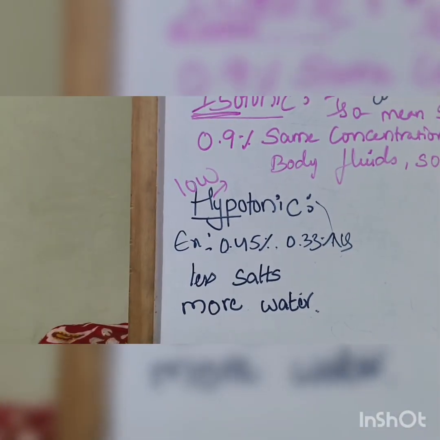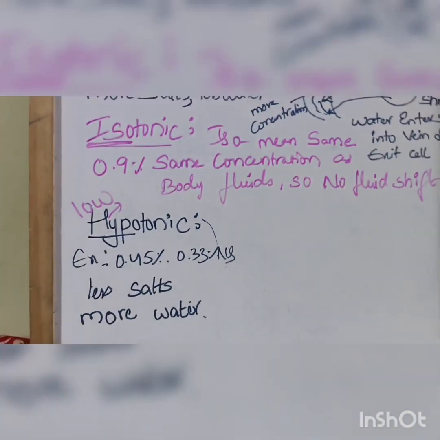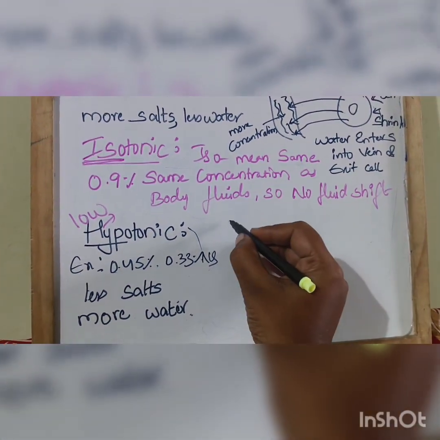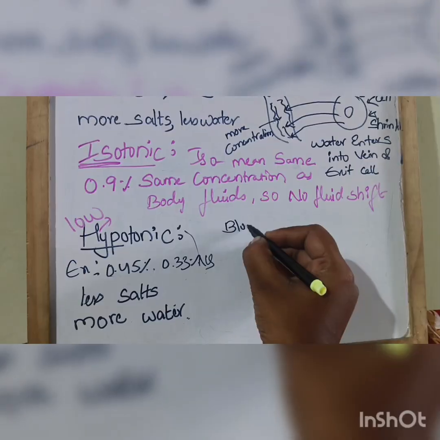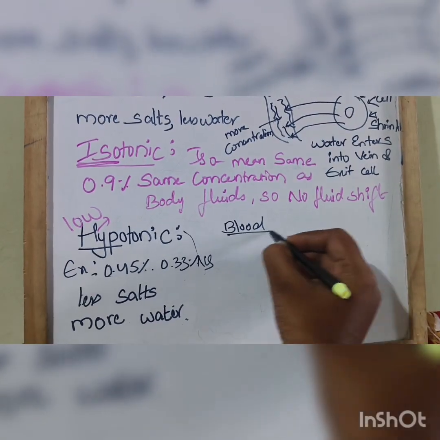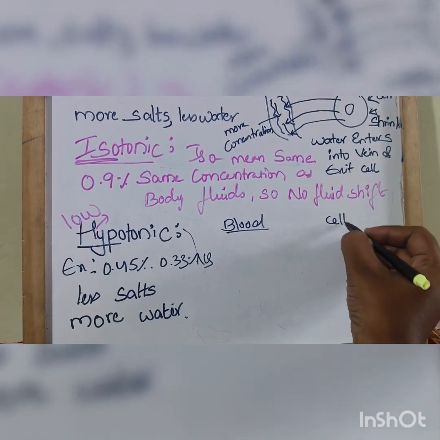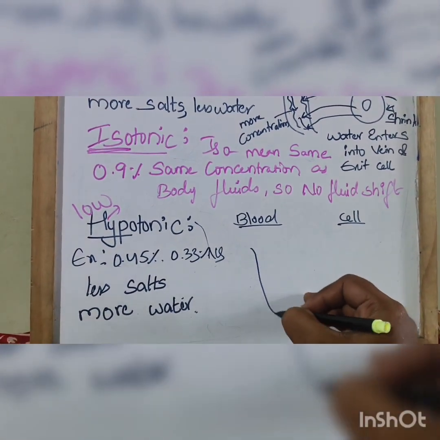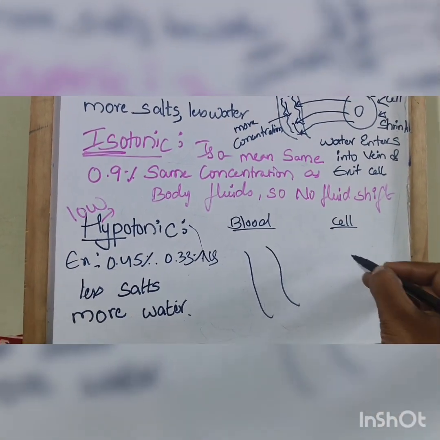What will happen with this hypotonic solution in the blood and the cell? Hypertonic is different, hypotonic is different. This is also an intravenous IV fluid, and the hypotonic solution enters into the blood vessels.